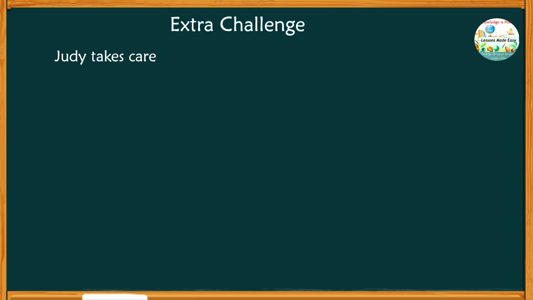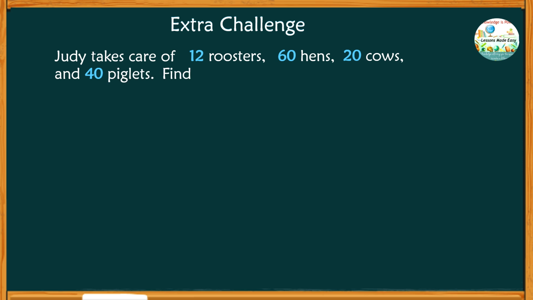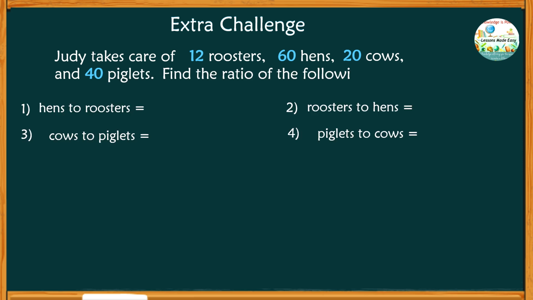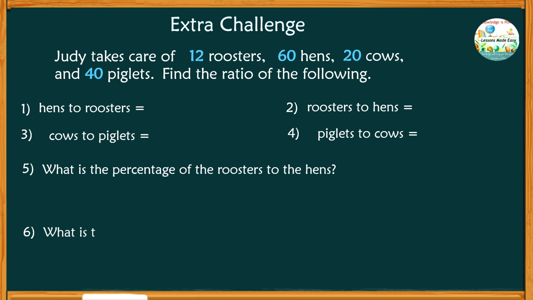Judy takes care of 12 roosters, 60 hens, 20 cows, and 40 piglets. Find the ratio of the following. And also identify the percentage of the roosters to the hens, and the percentage of the cows to the piglets. You can always pause this video and take as much time as you need. But if you're ready, let's go ahead and check your answers.